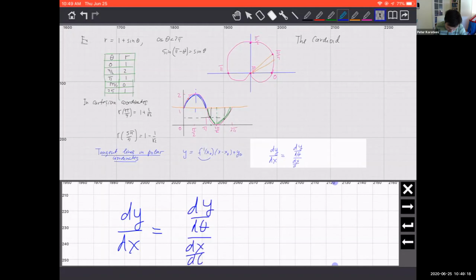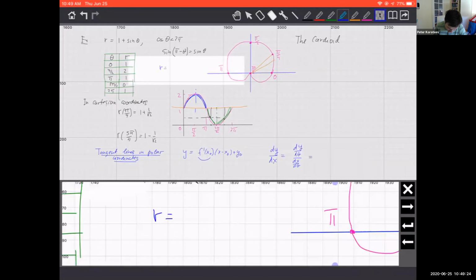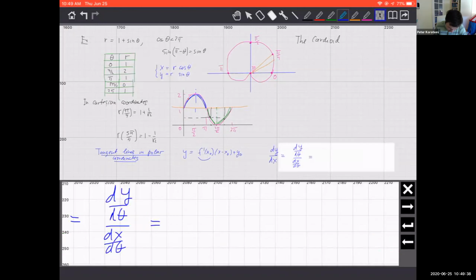dy over d theta divided by dx over d theta. And then if you bring back our formula, which I'm just going to write here for convenience, r of theta, where x is equal to r times cosine theta, y is equal to r times sine theta. So dy over d theta is r times cosine theta.